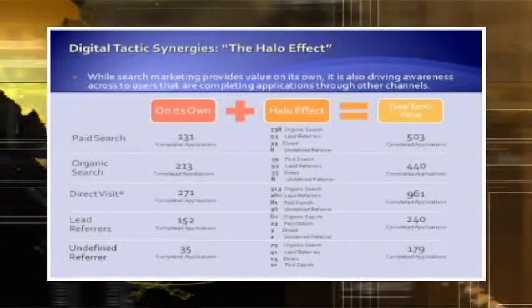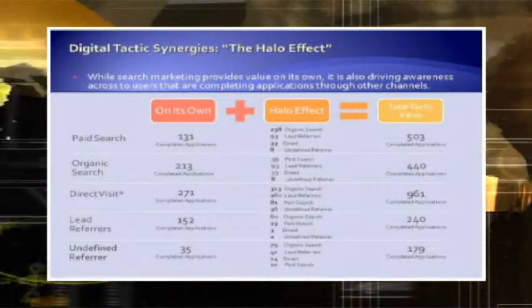So we're trying to think about how these pieces interact with one another, what happens when you pull one out, put one in, what's the multiplicative effect of having all these things in place. And if you understand that media mix that you have, and competitor X down the street doesn't, I think that's an advantage and something you need to think about in how you put it into market. Lead refers, direct visits. You can see how all these things compound one another when you think about the total mix of business.